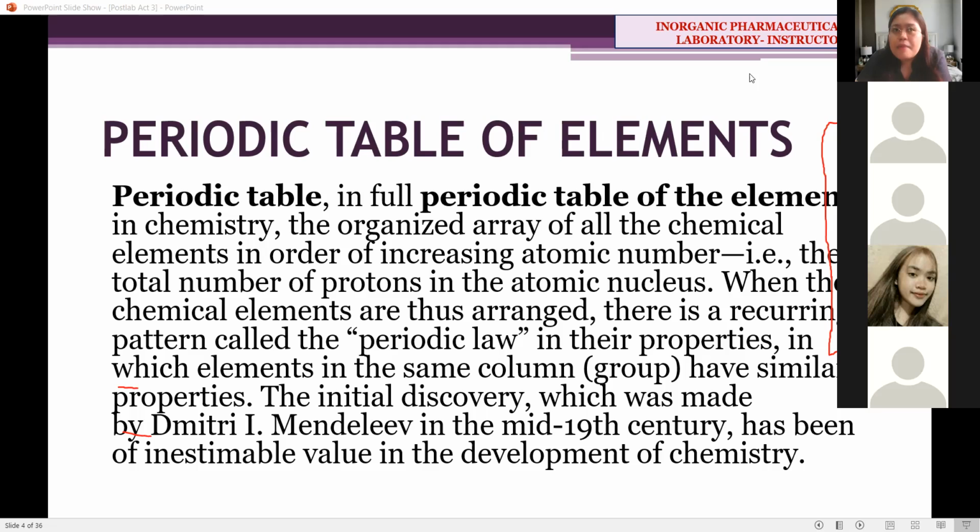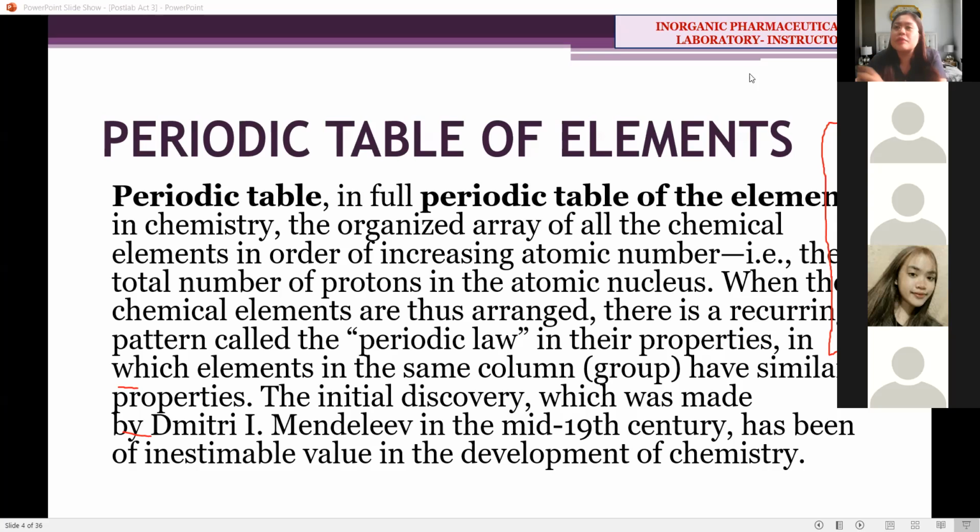Remember, class, elements are our simplest form of substance. They cannot be broken down into smaller ones, but they contain specific kind of atom. So for example, when you say hydrogen, it contains a hydrogen atom also.